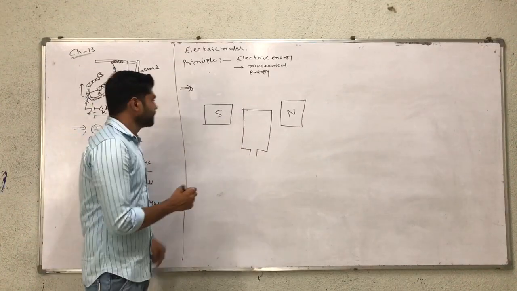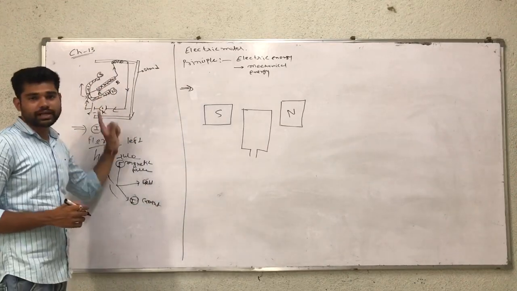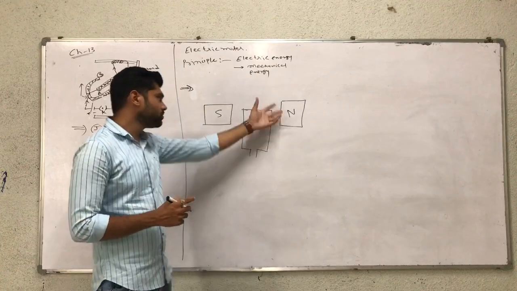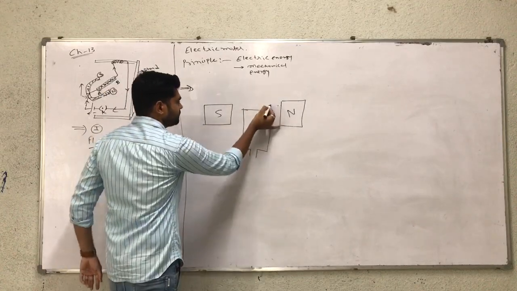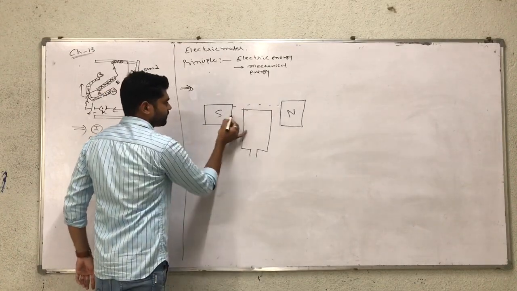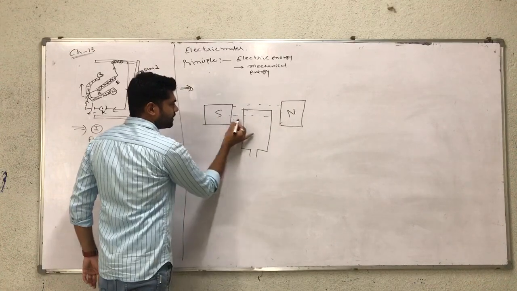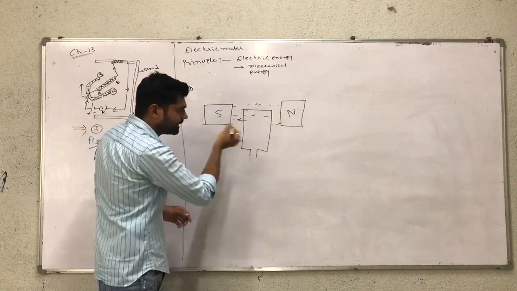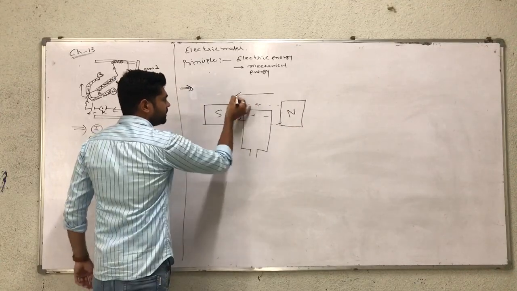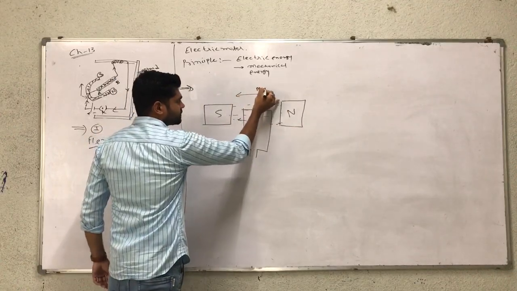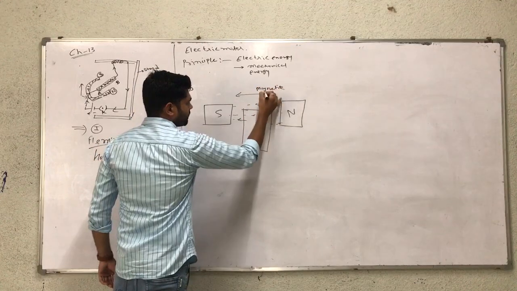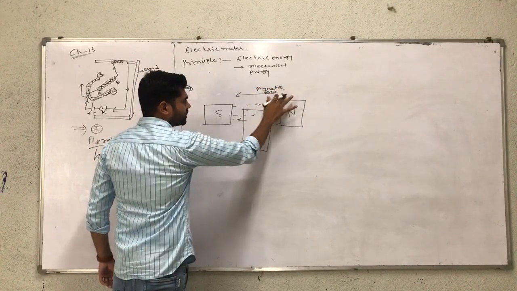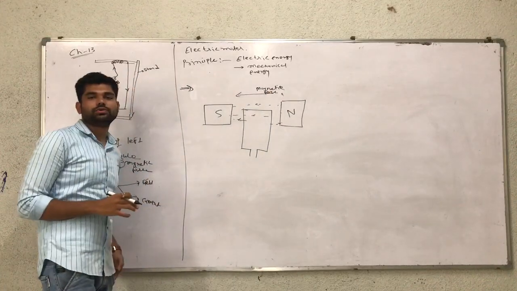Understand here the direction of the magnetic field is north pole to south pole. Similarly, the direction of magnetic force is from north to south pole.